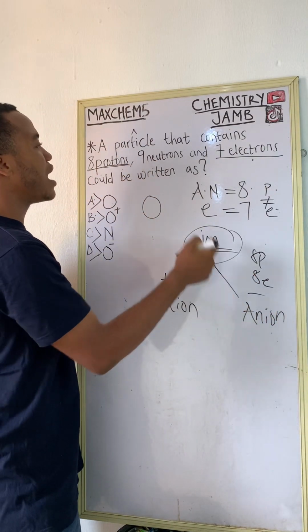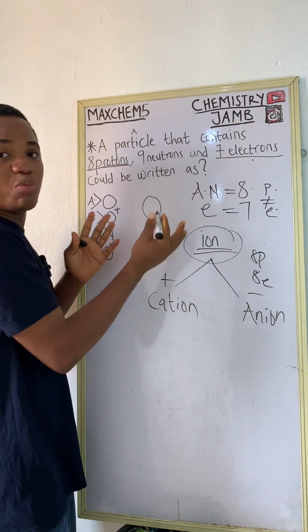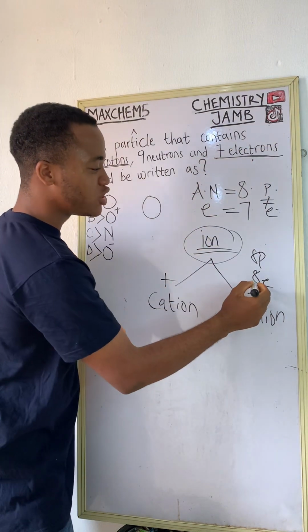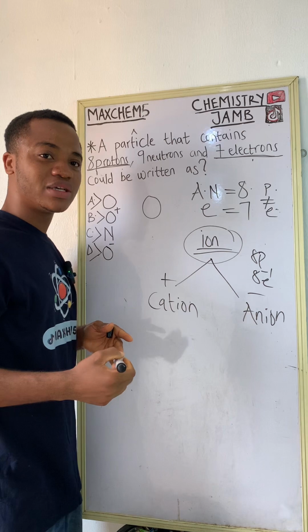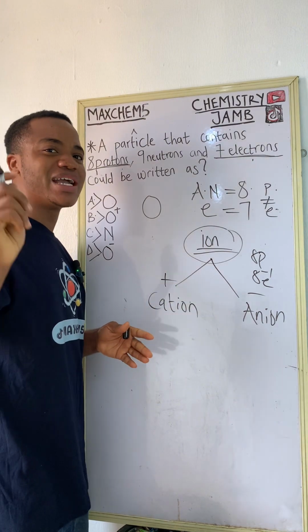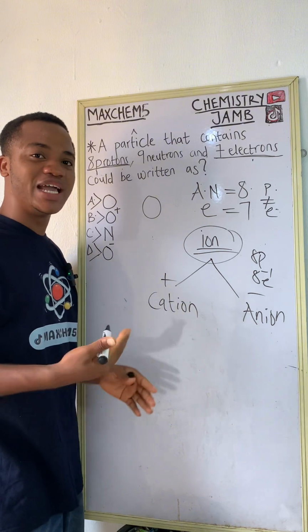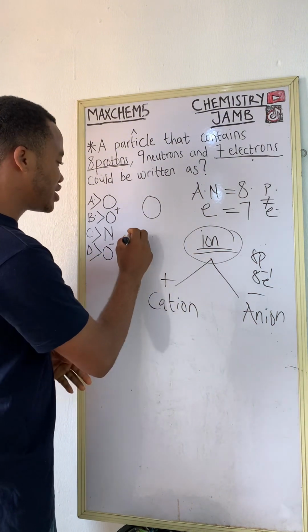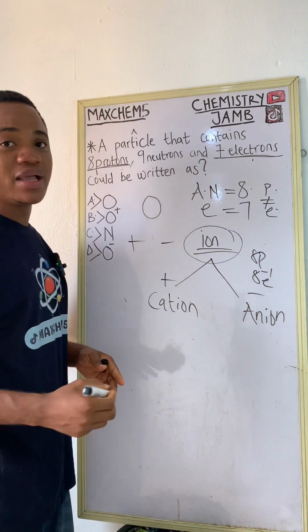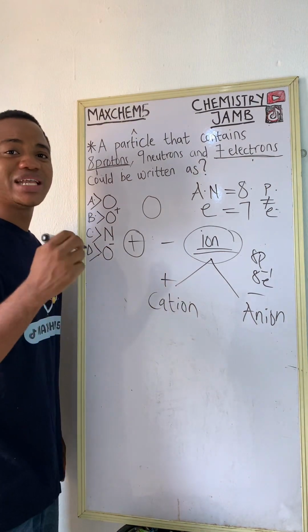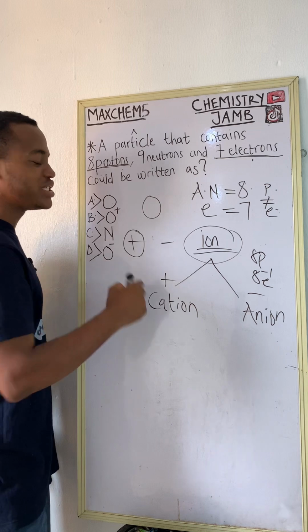But this particular atom of oxygen has 7 electrons. That means it has lost 1 electron, right? It has lost 1 electron. And in chemistry, I usually say this: to write the ionic forms of certain elements, we usually use the plus and negative sign, right? The positive and the negative sign. If you have a positive sign, that means that particular element has lost electron.